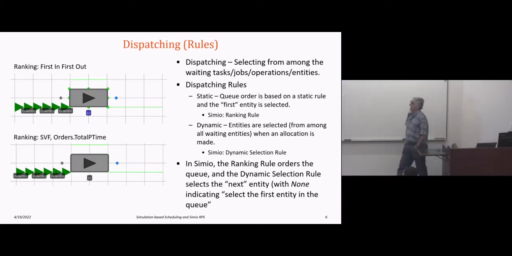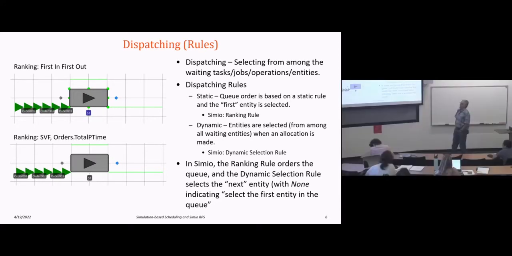We went from there to dispatching, and talked about the Simio implementation of dispatching. In particular, two things: the static ranking rules and the dynamic selection rules. We talked at length about this notion that a static ranking rule determines the order of entities in a queue, whereas the dynamic selection rule determines the sequence in which I select out of that queue.